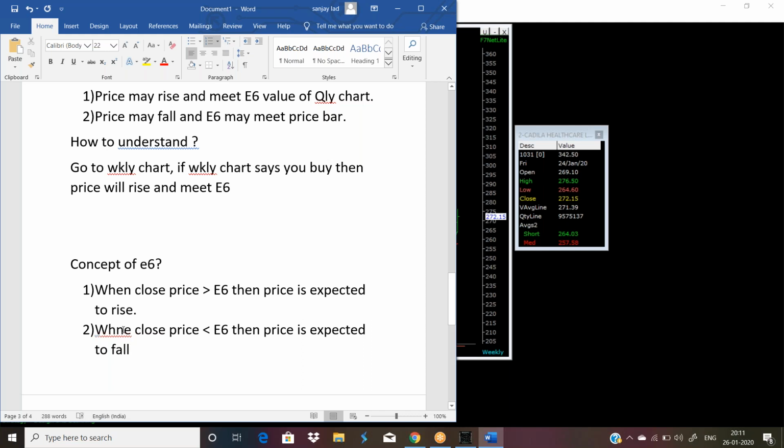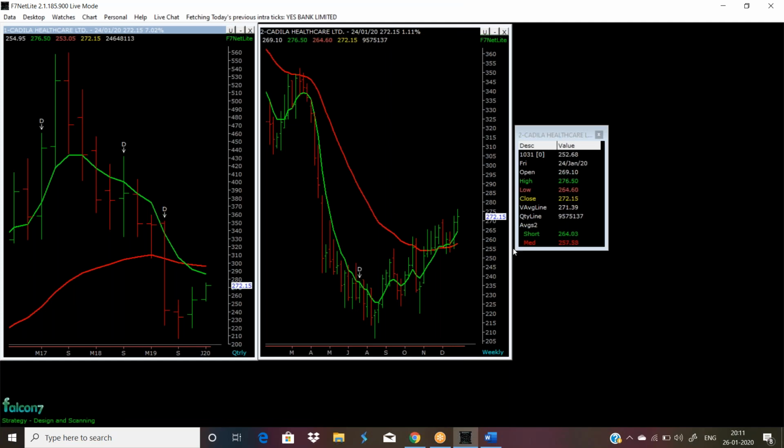When close price becomes greater than E6, then you expect the price is going to rise as per the same chart. Suppose here, the close price is below E6. So you expect that price will fall.